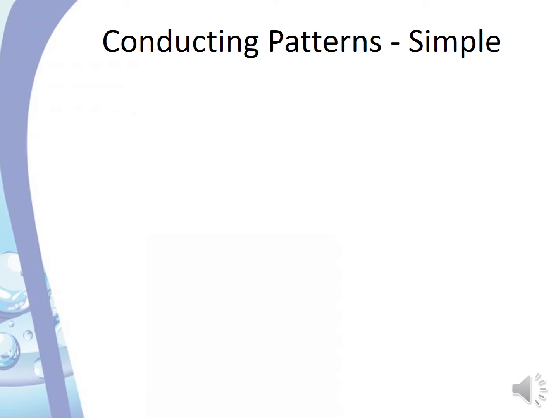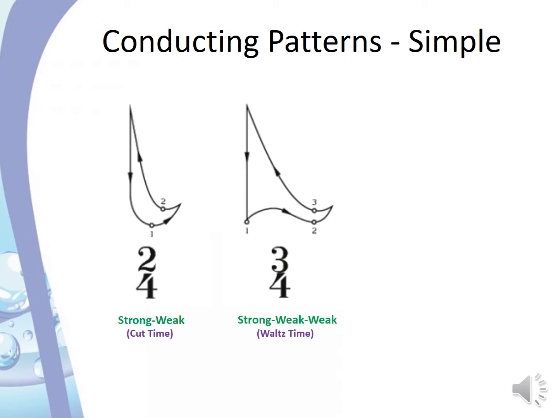So to conduct a meter of 2/4 time would simply be down, up. To conduct a meter of 3/4 time, that would go down, out, up. Once again, the most common pattern is 4/4 time, which would be down, in, out, up.